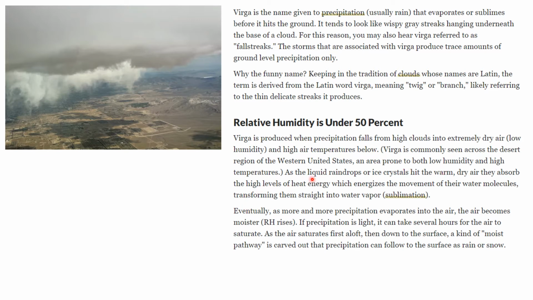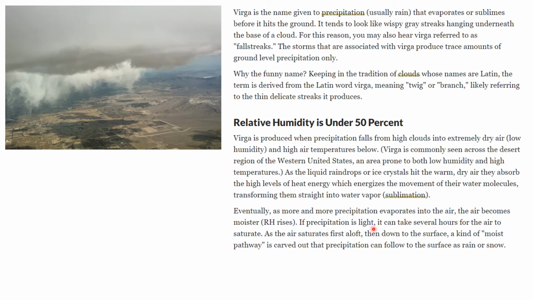As the liquid raindrops or ice crystals hit the warm, dry air, they absorb high levels of heat energy, which energizes the movement of the water molecules, transforming them straight into water vapor, sublimation or evaporation. Eventually, as more and more precipitation evaporates into the air, the air becomes moister still, and the relative humidity rises.